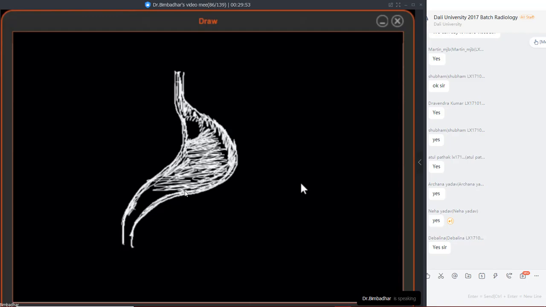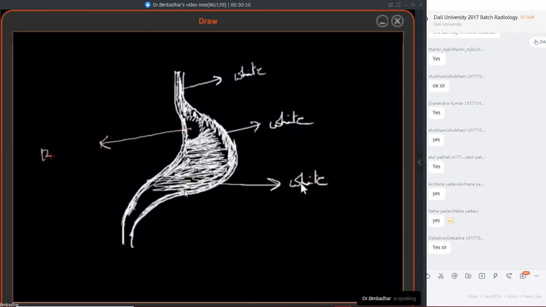Now look at this image very carefully. It is white. Here, it is white. It is white. But here, I can see a small area that is black.